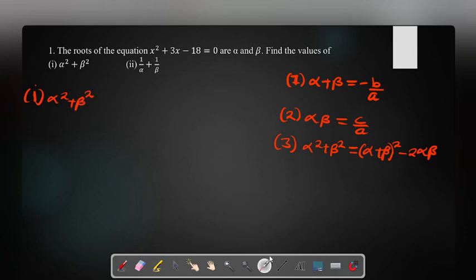To answer this question, we have alpha squared plus beta squared. If you look at our properties, alpha squared plus beta squared is actually our third property.